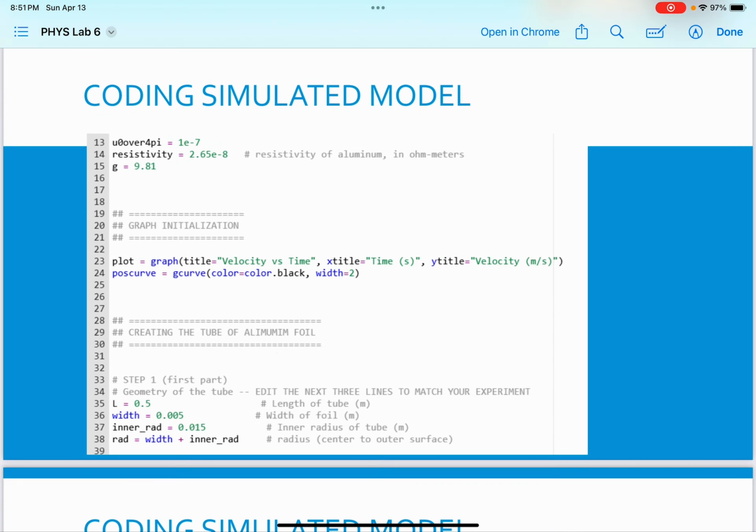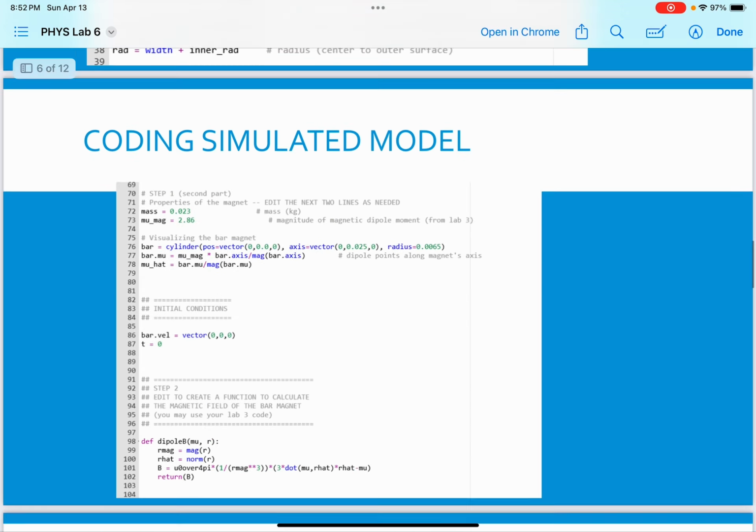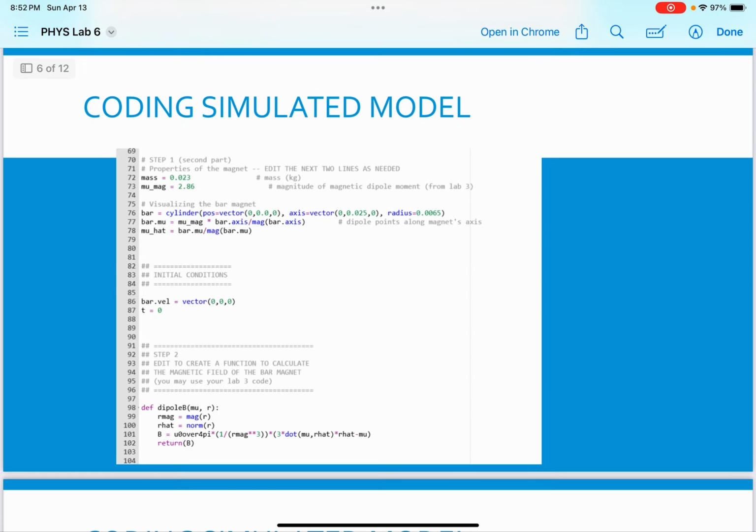And as for the coding, we start by defining the initial conditions, such as the measurements and the constants from the tube. We also have the measurement for the mass, and we define a function that calculates the magnetic field that is created by the bar magnet, or the dipole magnetic field.